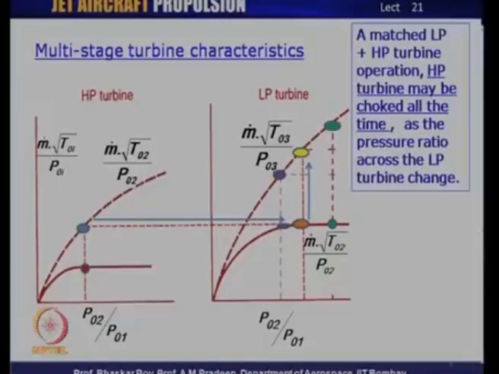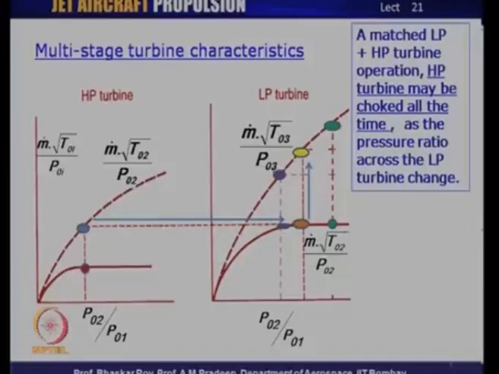However, if under some operating condition the LP turbine is required to operate at a lower rotating speed, it could get slightly unchoked, and if you translate that slightly unchoked condition to the HP turbine, we will see that the HP turbine is most likely still choked.